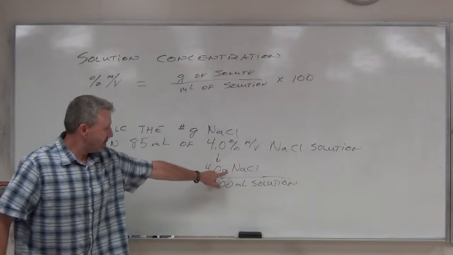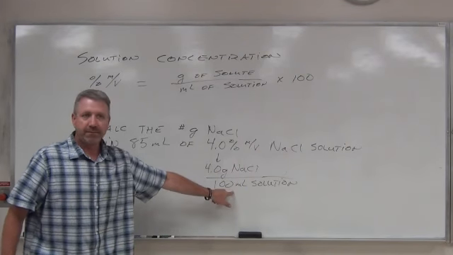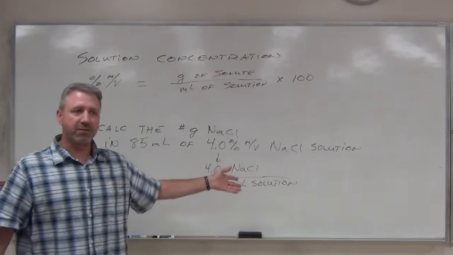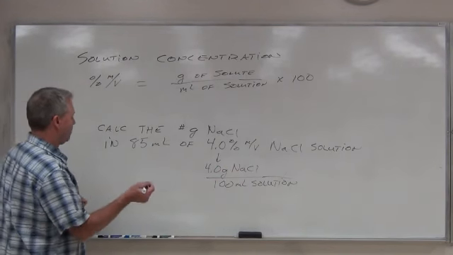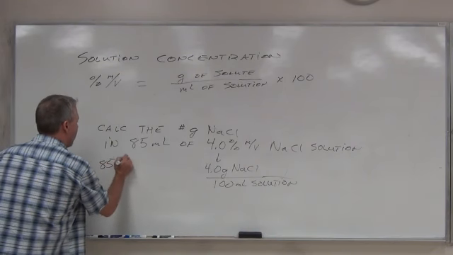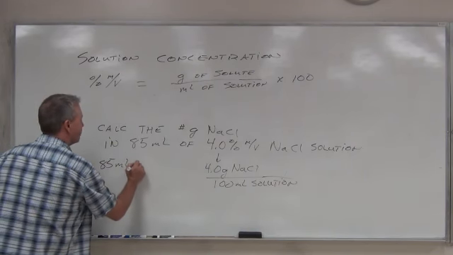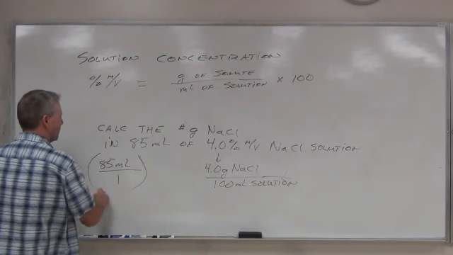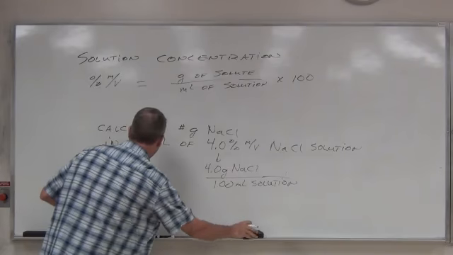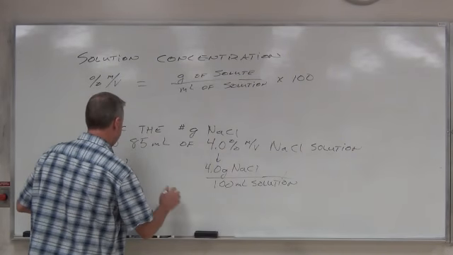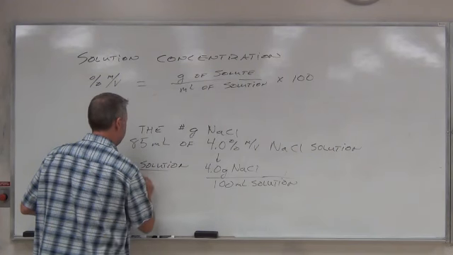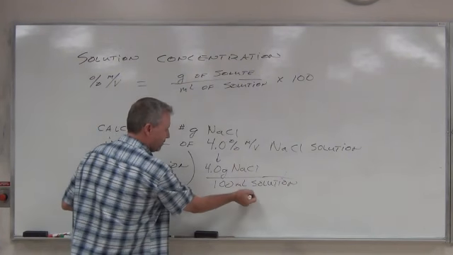What is this? Conversion factor. That's all it is. So what do we want to do? We can use it either way, right? We want to write our given information down. 85 mils. We need mils. It's going to be 85 mils of solution, right? We need mils of solution in the bottom.